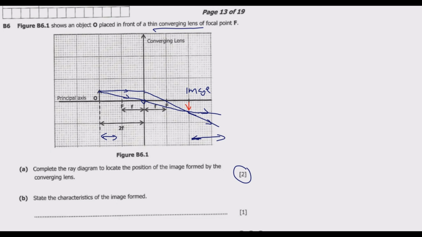Ensure that that's understandable. Then if the object is on this side, which is beyond 2F, the image will be formed in this region.